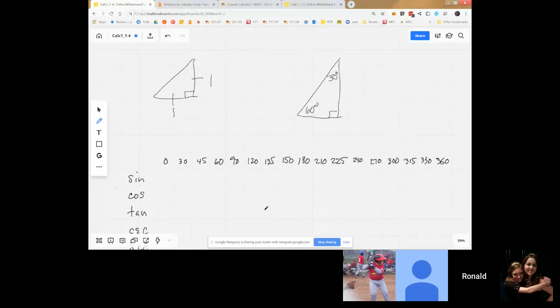Using the Pythagorean theorem, we know that the hypotenuse would be the result of the Pythagorean theorem here. So we get 1 plus 1 equals c squared, 2 equals c squared, c equals square root 2.